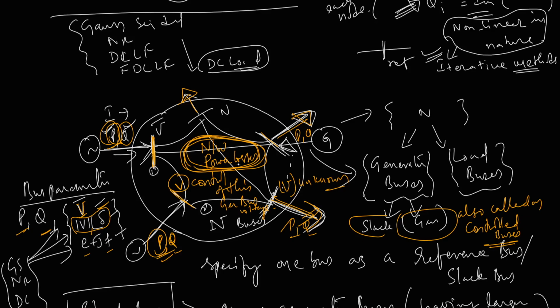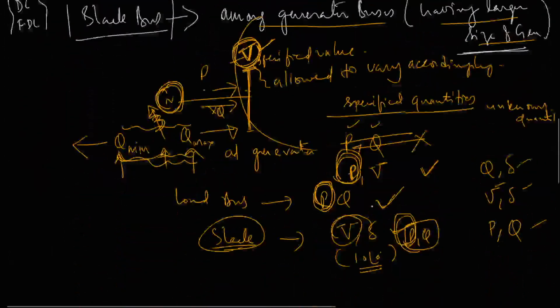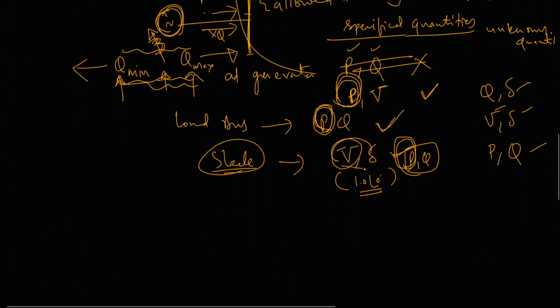That is why at the slack bus we specify only V and delta, but not the powers.